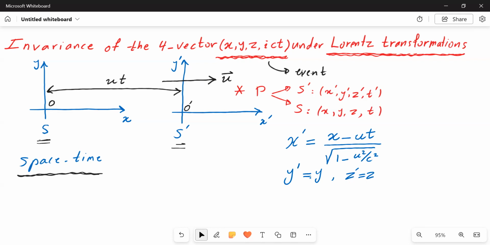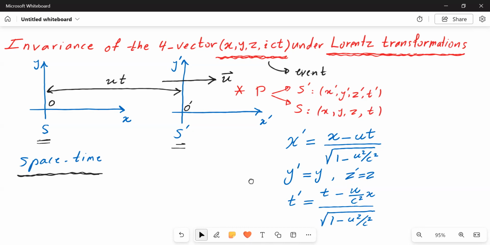Well, it turns out that the time coordinate is not going to be the same. And in fact, it's going to be transformed in this way. It would be t minus u over c squared times x, divided by the square root of 1 minus u squared over c squared.